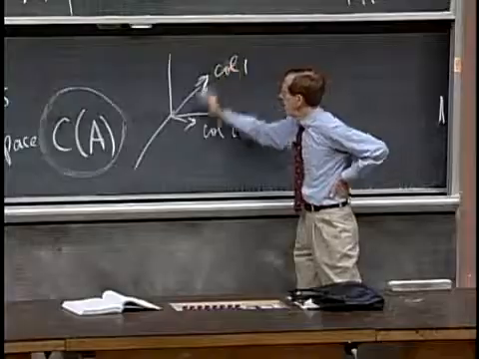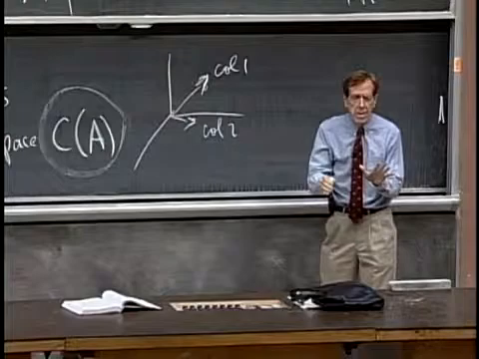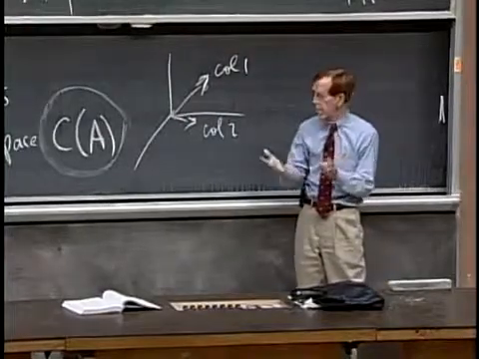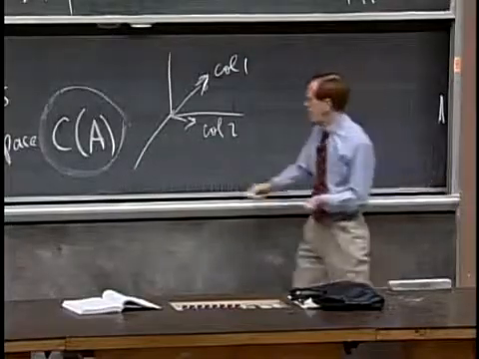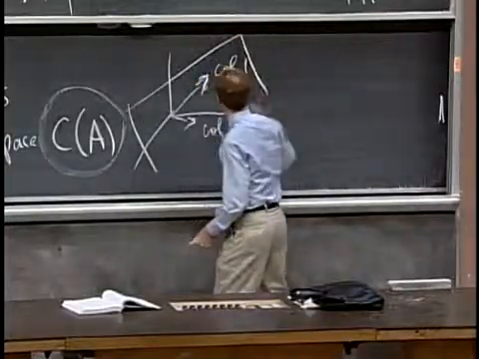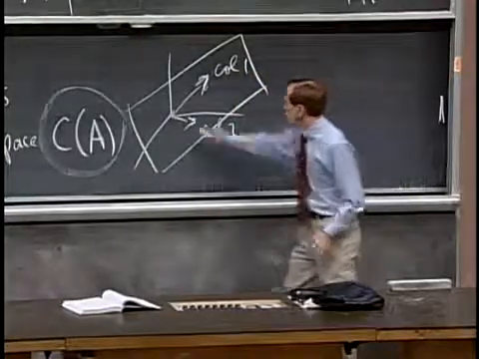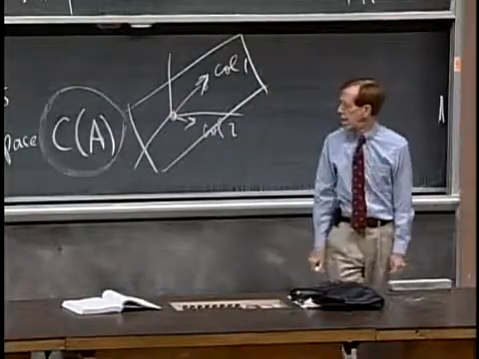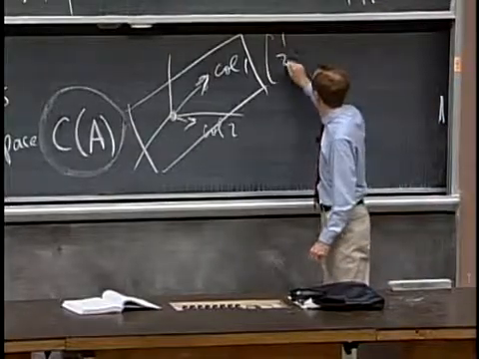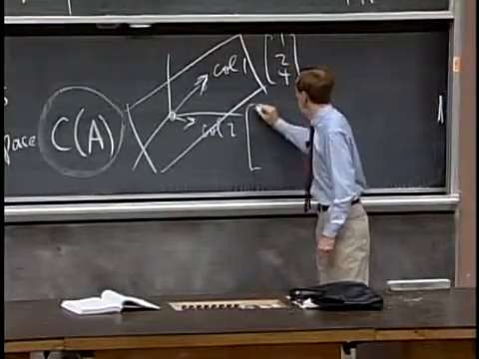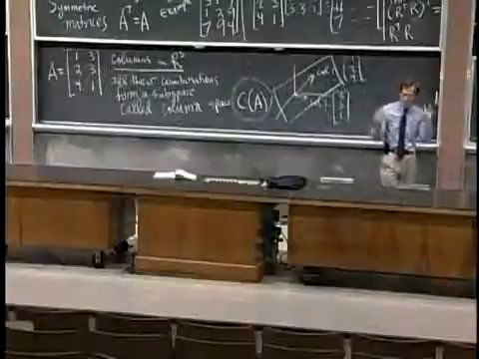I get that whole line filled out, that whole line filled out, but all in between gets filled out between the two lines because I'm allowed to add something from one line, something from the other. You see what's coming? I'm getting a plane, and it's through the origin. Those two vectors, namely 1, 2, 4 and 3, 3, 1, when I take all their combinations, I fill out a whole plane. Please think about that.